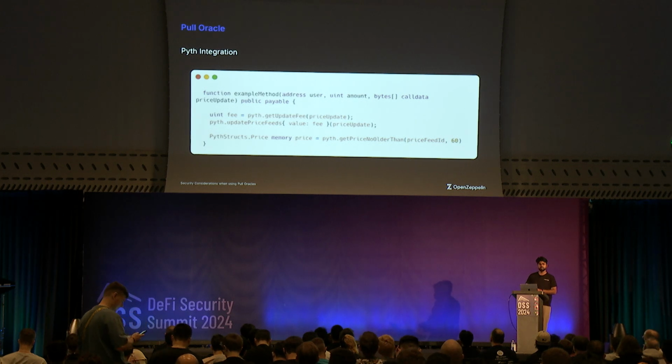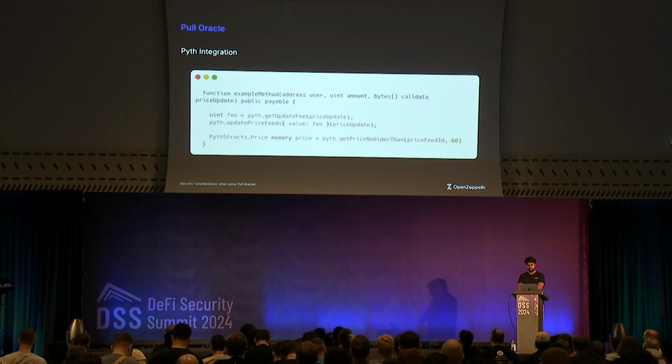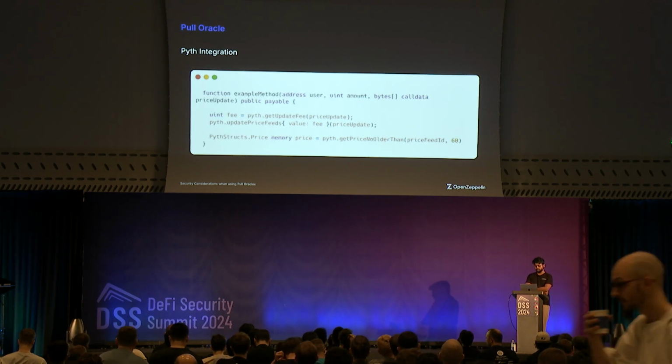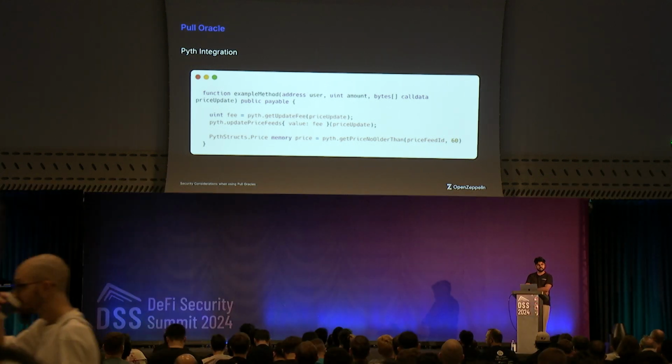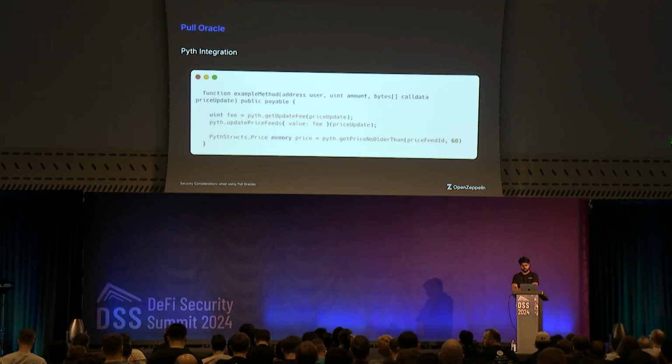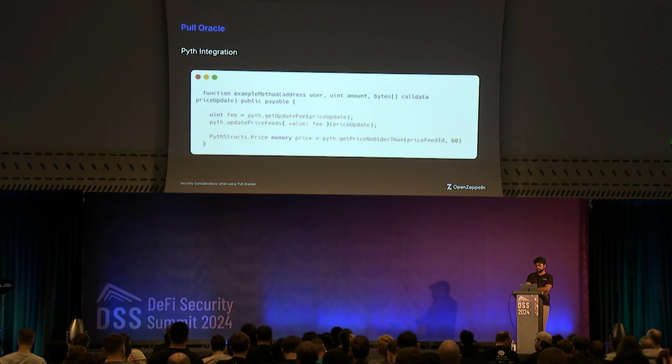So this is pseudocode, basically to integrate Pyth. As you can see in this example method, there are some inputs by the user, let's say the user address and amount. But you will also notice another argument, which is an array of bytes calldata priceUpdate. Basically, this is an array of all the price feeds you want to update.